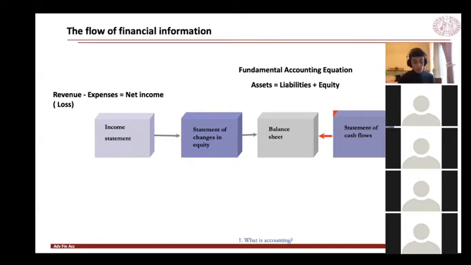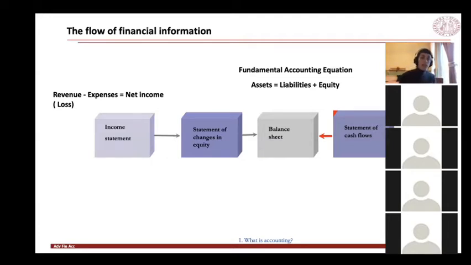So by preparation, I mean, what happens is you have a bunch of real economic transactions that happened. These transactions could be the company sells products for a given amount.